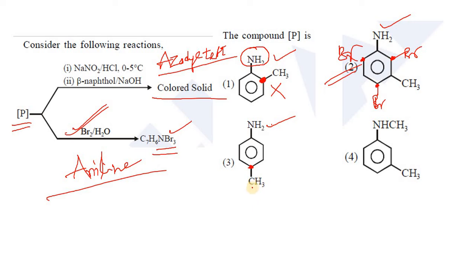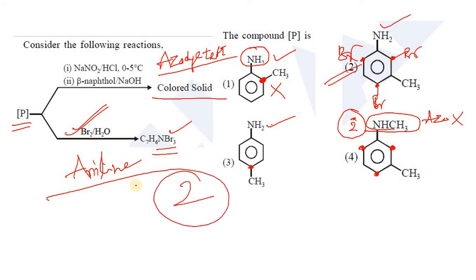So in this case, you will not find a tribromo product. And this one is negative towards azo dye test since it is secondary aromatic amine. Here there is availability of two ortho positions and one para position. Here there is a tribromination, but this one is negative towards azo dye test. So what is the correct option? Second one is the correct option.